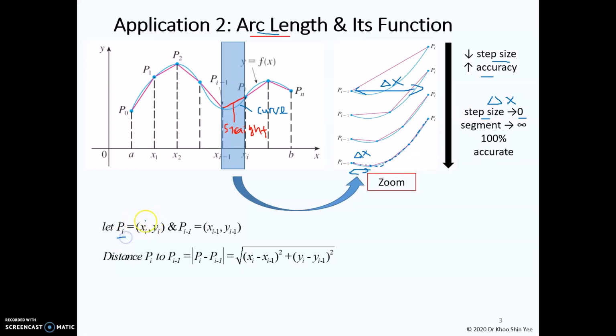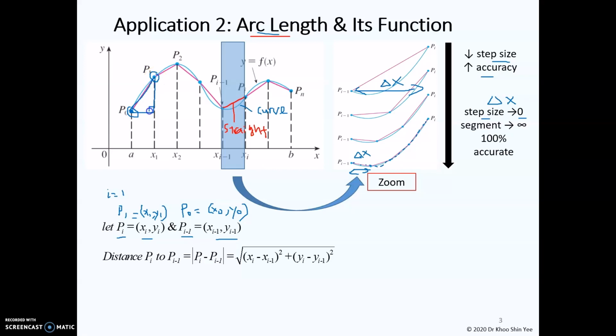Let Pi be the first point and then Pi minus 1 be the second point. For example, when i is equal to 1, then you have P1 equal to x1, y1, which is equal to this point. Then the second point will be P0 equal to x0, y0, which is equal to this. To find the distance of the straight line between these 2 points, we can form a triangle.